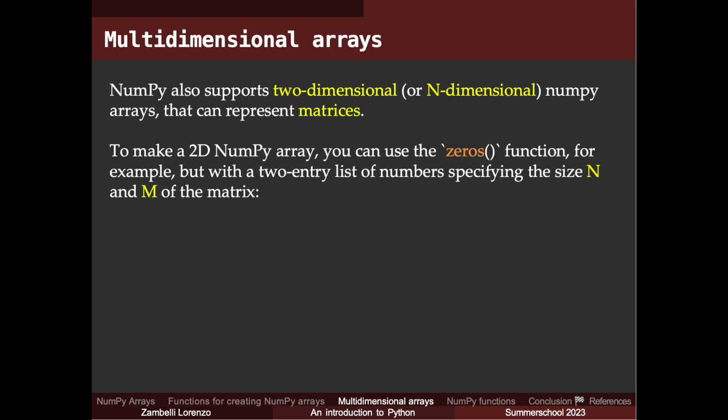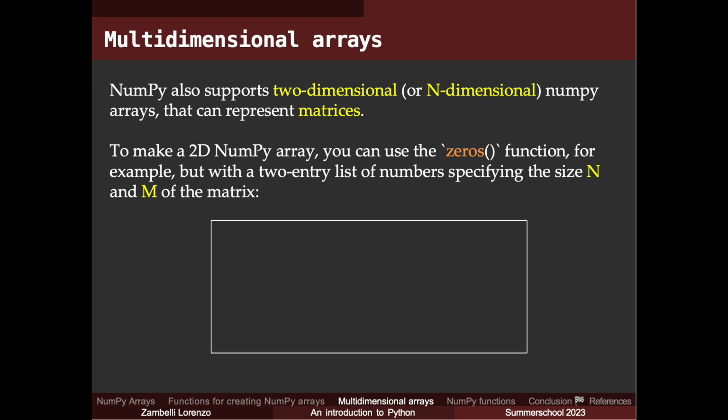Obviously vectors can also be n-dimensional, so matrices and NumPy arrays allow you to work with those as well. To create an n-dimensional NumPy array, you can use the same function we learned before, but instead of just one number, you have 2 entries, or if you have 3 dimensions, 3 entries, and so on.